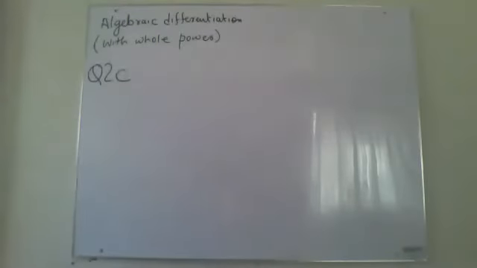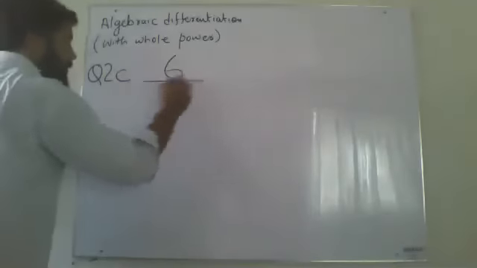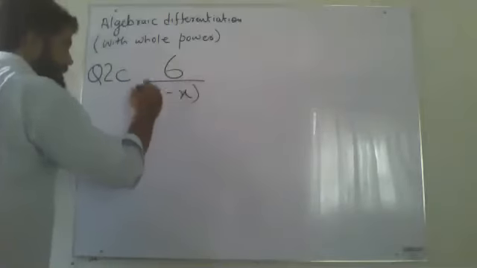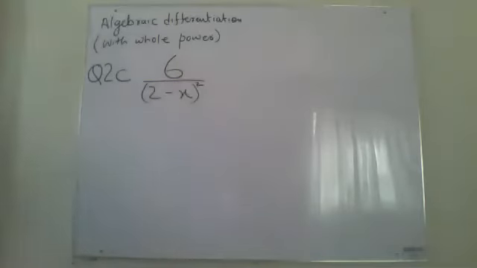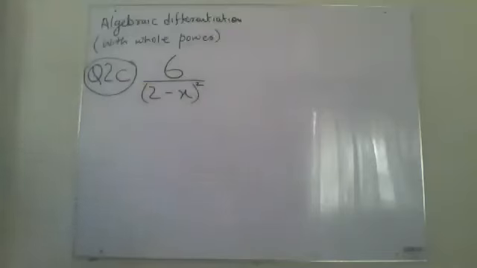We are talking about question number 2, part C, I am going to do. The question says 6 over 2 minus x whole square. Okay. This is the question given to us. And then they are telling us that I have to differentiate this thing. So I look at the question. A single denominator is given under a single numerator.